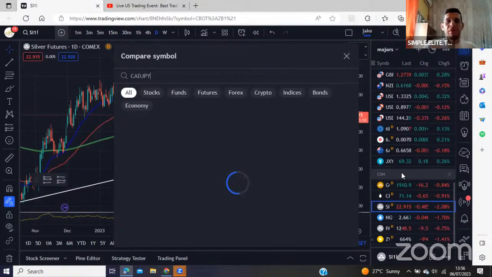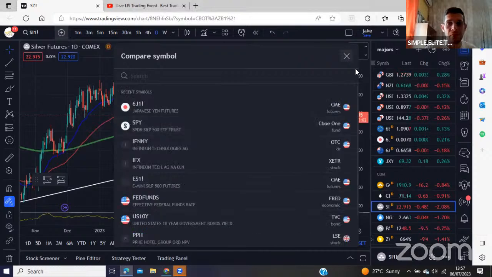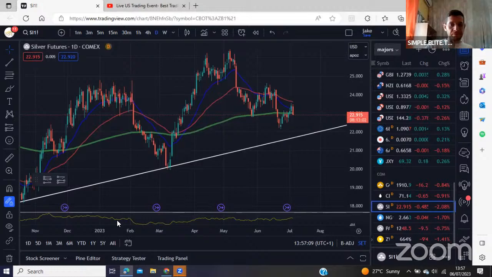Sorry guys for this issue, it doesn't look like it wants to show the chart of CAD yen, but basically what I see is the yen was going in this direction, and now we see a few days of pulling back.